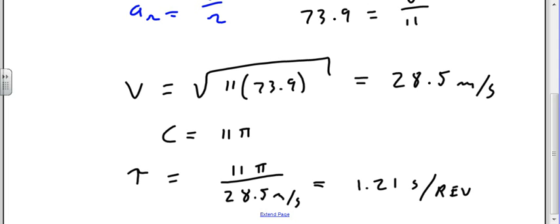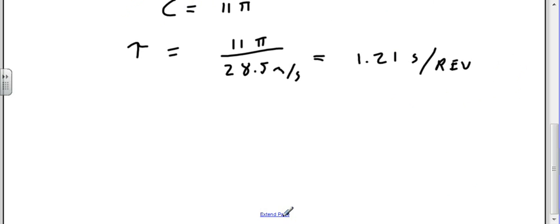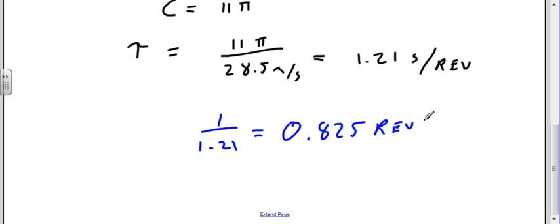We already got our meters per second answer. For revolutions per second, 1 over 1.21 is 0.825 revolutions per second. Okay, and that ends the chapter 5 problems.